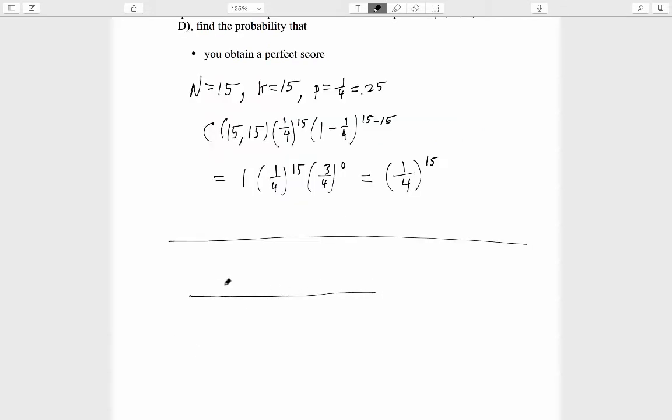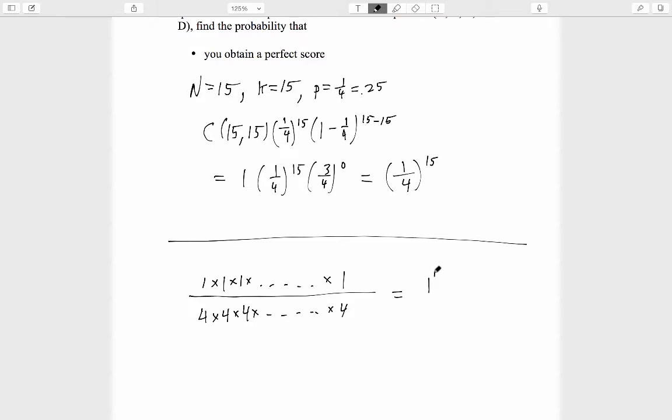We're supposed to count the number of outcomes in the event, so there's one way to guess correctly on the first question, times one way to guess correctly on the second question, times one way to guess correctly on the third. We're multiplying together 15 copies of the number 1 in the numerator. In the denominator, we're supposed to count the total number of different outcomes in the experiment. That's 4 times 4 times 4, etc., because there are 4 ways to answer question number 1, then 4 ways to answer question number 2, etc. The multiplication principle of counting tells us to multiply together 15 copies of the number 4.